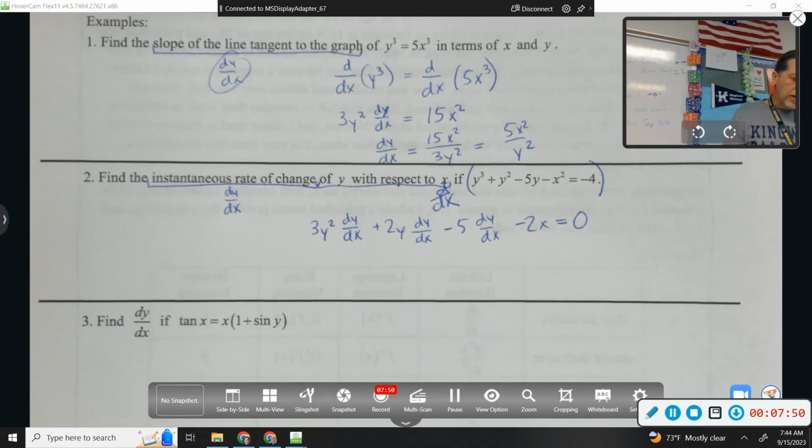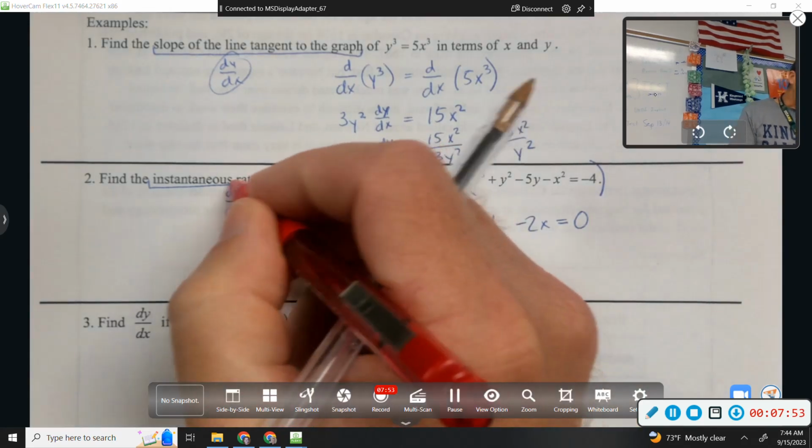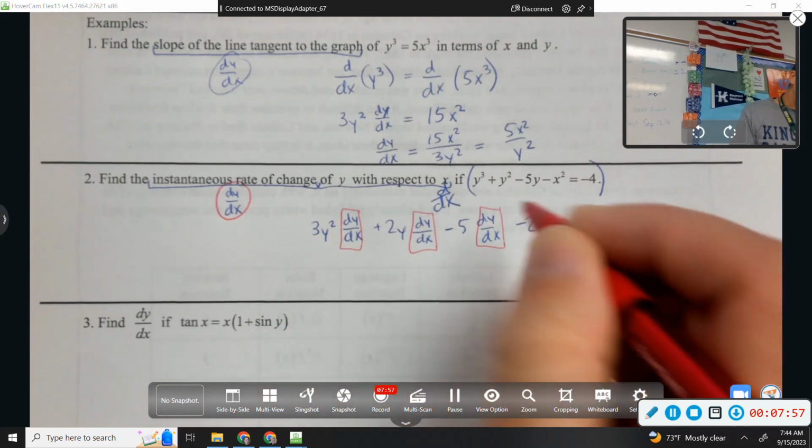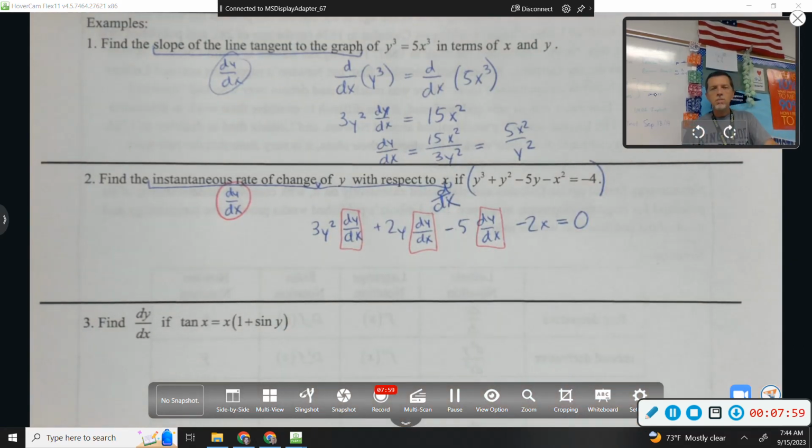Okay, so I've done my calculus, but I want to find dy dx, so I need to do something to get like all of those together. Thoughts? I want to solve for dy dx. How do I do that when there's 3 of them there? Let's factor them out.